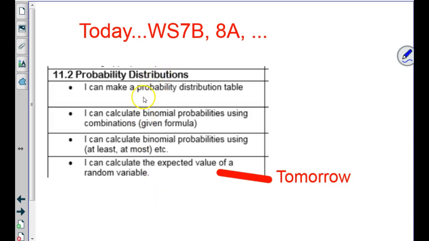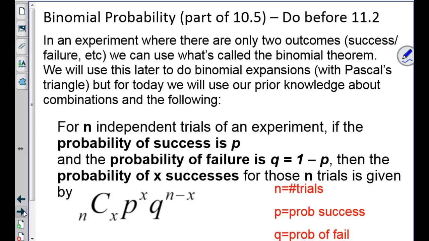So today we're going to talk about probability distributions, finding binomial probabilities, and calculating them on your calculator. Tomorrow we're going to do expected values. A lot of new stuff in this section, so I'm splitting it over 2 days. Okay, binomial probability is in an experiment where there are only 2 outcomes, like success and failure.